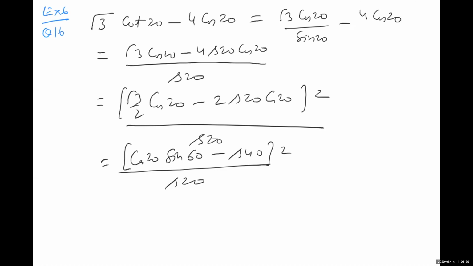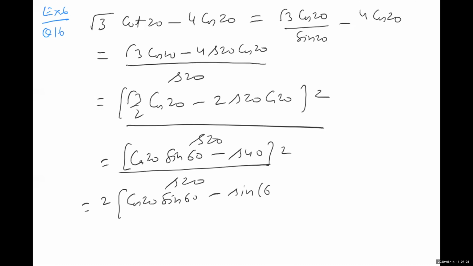No, divided by 2. Oh, okay, sir. Now you can solve this. Sin 40 you can write as 60 minus 20. So this is 2 cos 20 sin 60 minus sin.